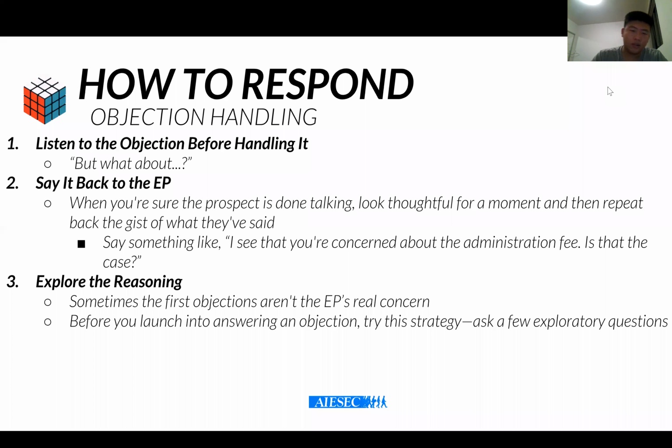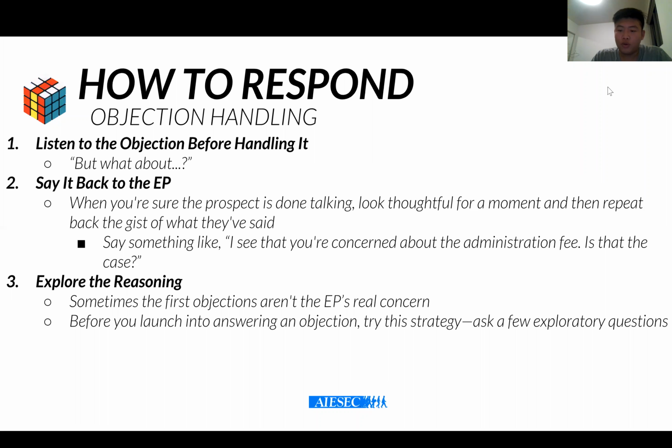So what I have to do is, say you think maybe they're having a problem with financial stuff, but you don't want to straight up say, do you have money problems, man? It's more like, are you concerned about the administration fee? Is that the case? Or, to what Amanda said, are you worried about the potential dangers or safety concerns that can come with an exchange?